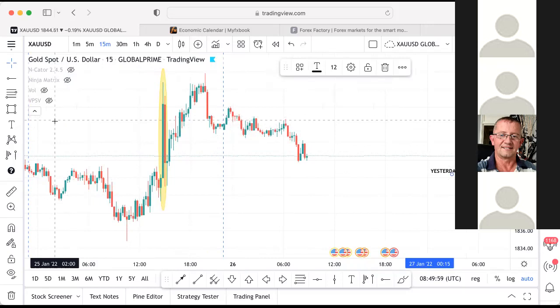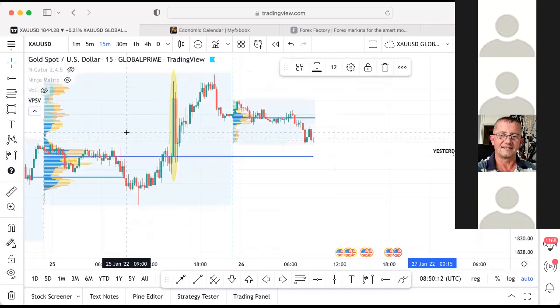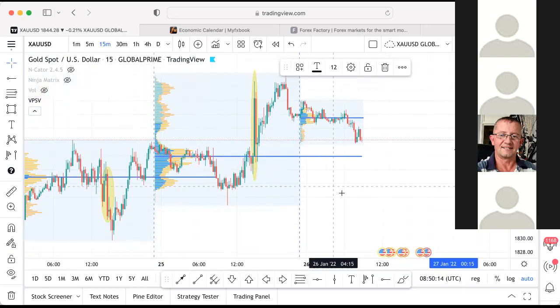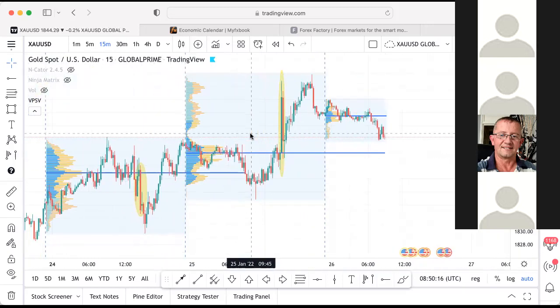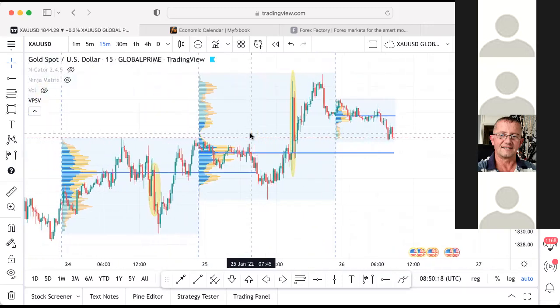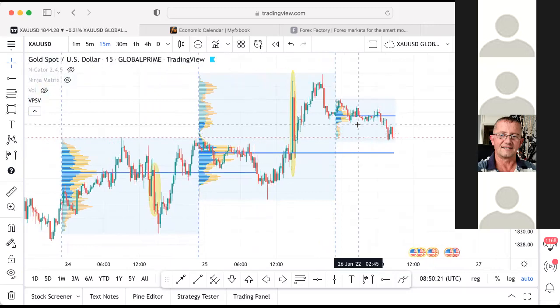So what we're looking at is the volume profile, session volume, that's VPSV, as you can see there. If I turn that on, the first thing you'll notice is we've already got volume profile set up for multiple days.